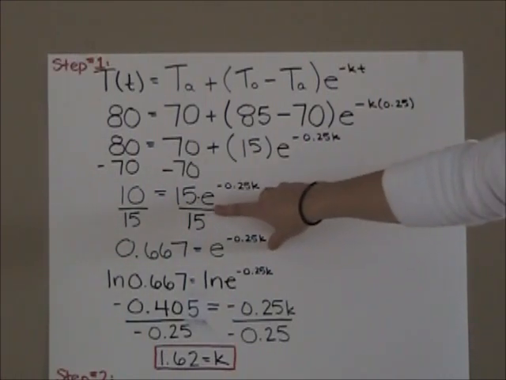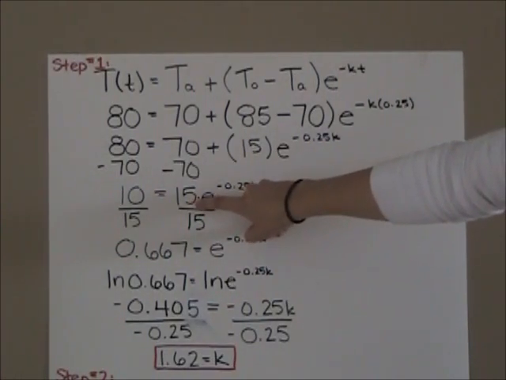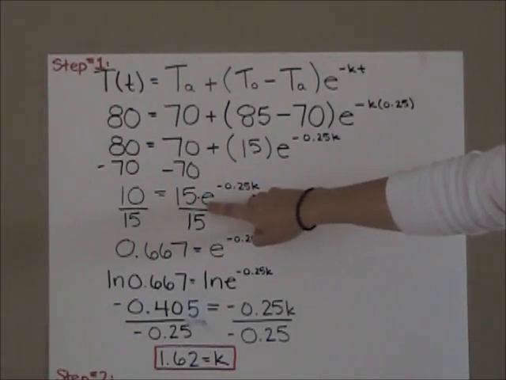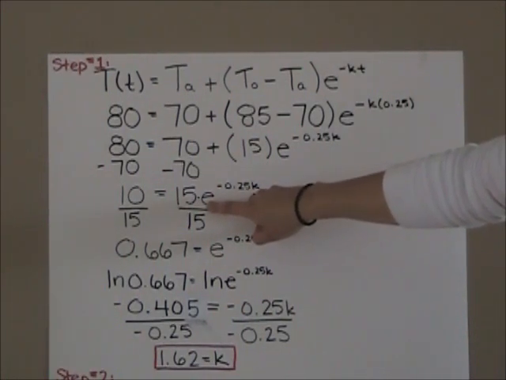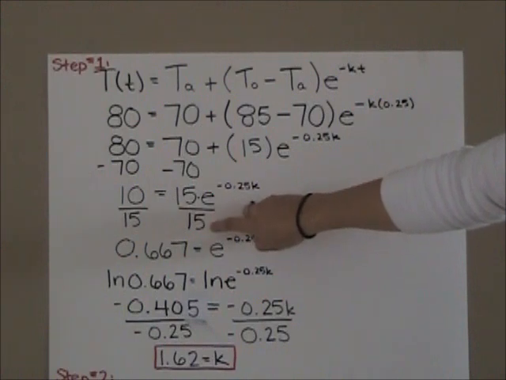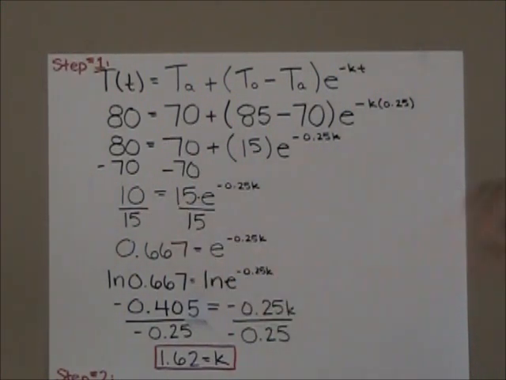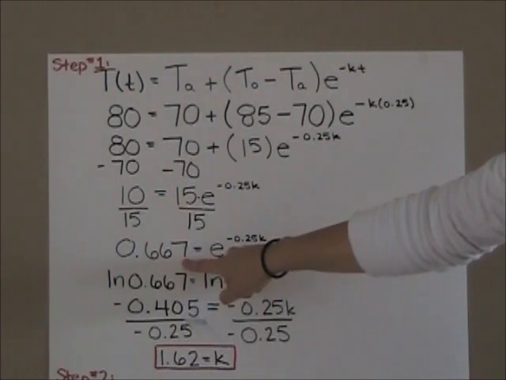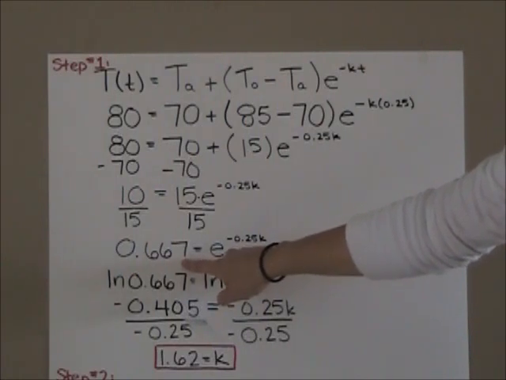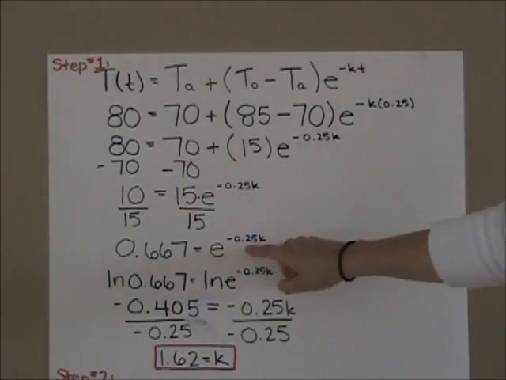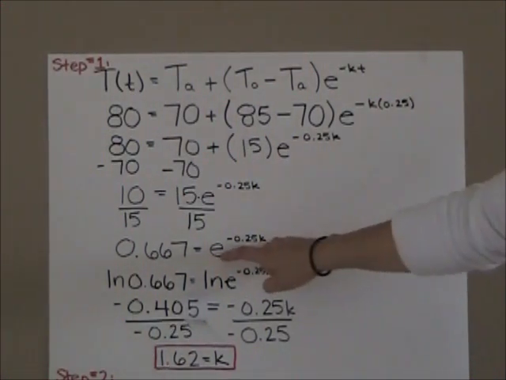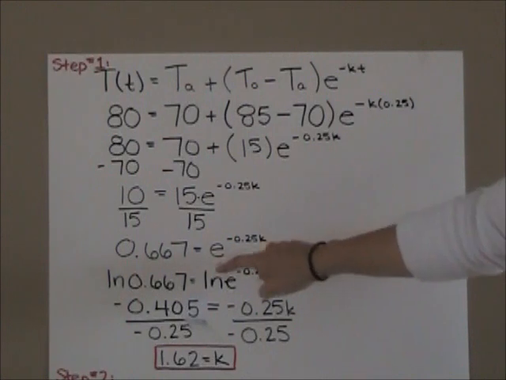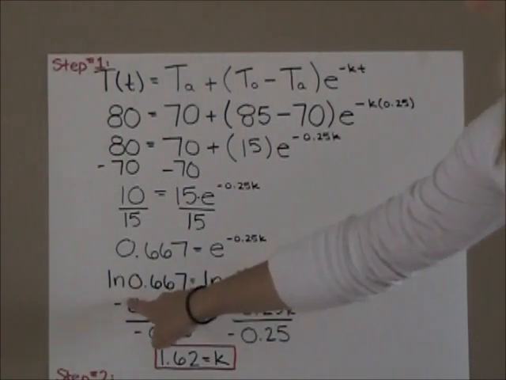Then you're going to divide by 15 because 15 and e, it's almost like they're multiplied together. So to get 15 away, you have to divide by 15. So do that on both sides, and you get 0.667, I rounded to 3 decimal places, equals e to the negative 0.25k. Now to get rid of the e, we have to take the ln of both sides.